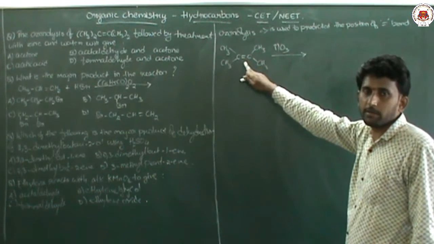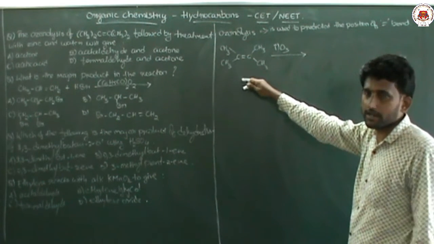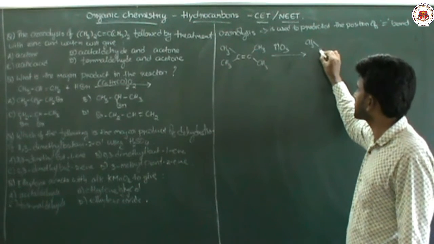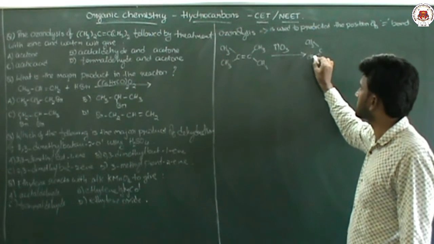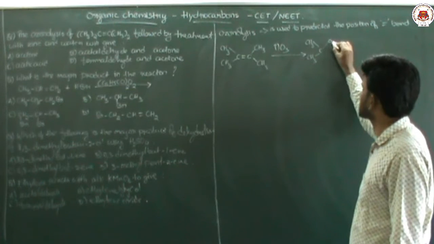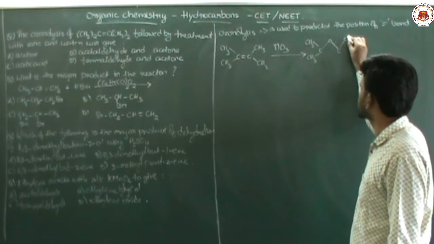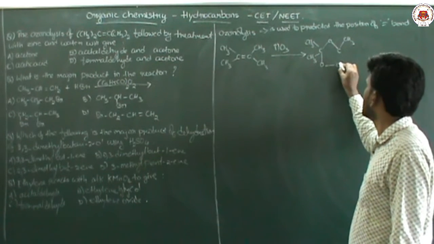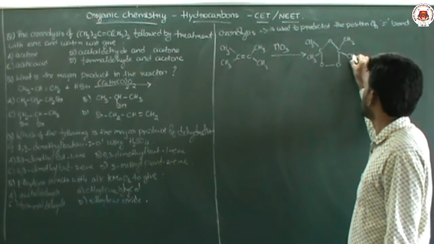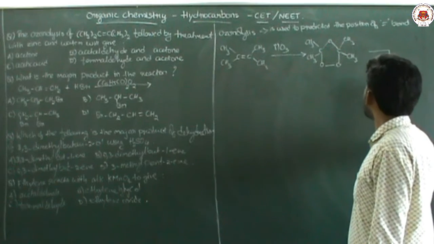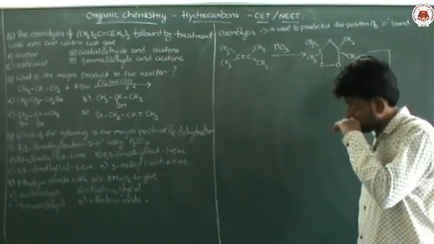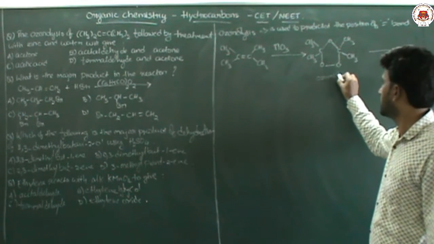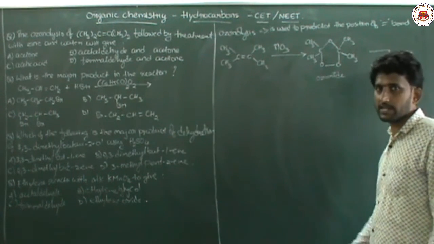Ozone incorporates in the double bond and forms a 5-member ring, the ozonide ring. Okay. This is the intermediate ozonide, 2-butene ozonide.